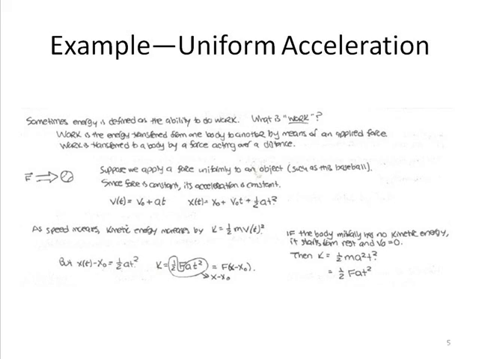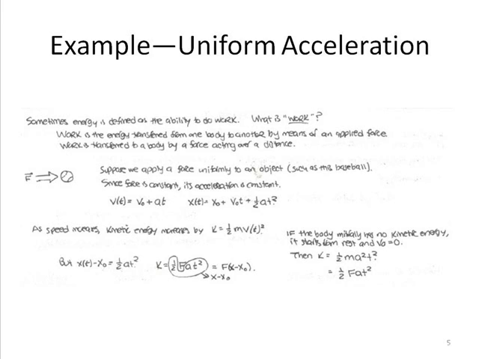Now, if we start out with having no initial kinetic energy, then the body's initially at rest. And so we can just set v naught equal to 0, and we can say that v equals at.